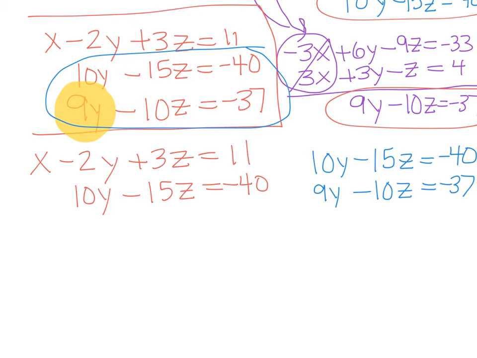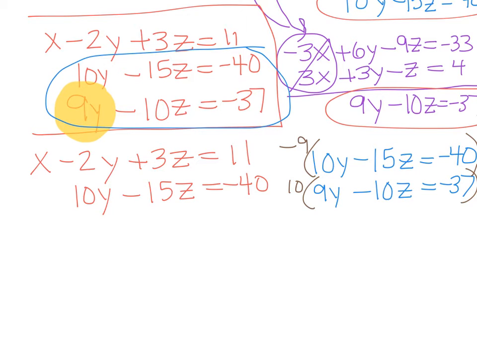Now, this is great, but what I want to have happen is I want to get my y's to eliminate. So in order to make that happen, I'm going to have to multiply. And I'm going to multiply the top equation by a negative 9 and the bottom equation by a positive 10.